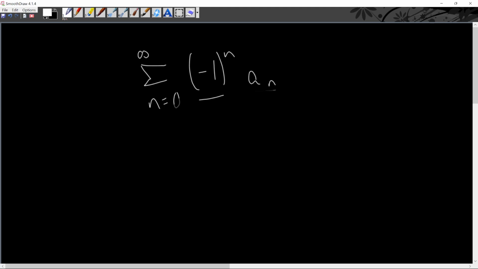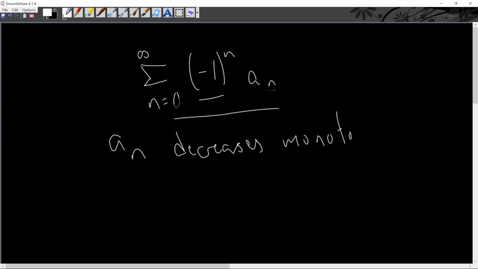So the alternating series test says that if you have a series of this form, an alternating series, and a sub n decreases monotonically. Again, we described what monotonic decreasing looks like in the sequence video, but just generally, as you get to higher and higher values of n, a sub n is approaching smaller and smaller values, and every subsequent term, a sub n plus 1, is going to be less than or equal to a sub n.